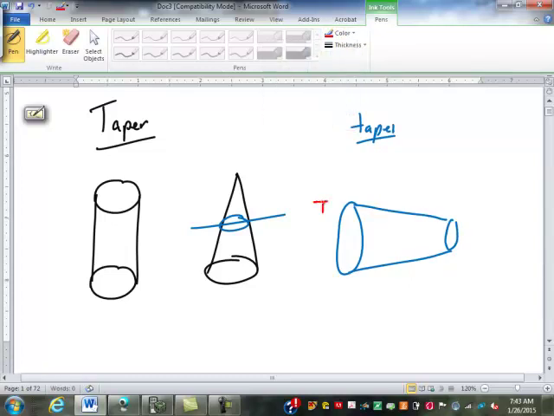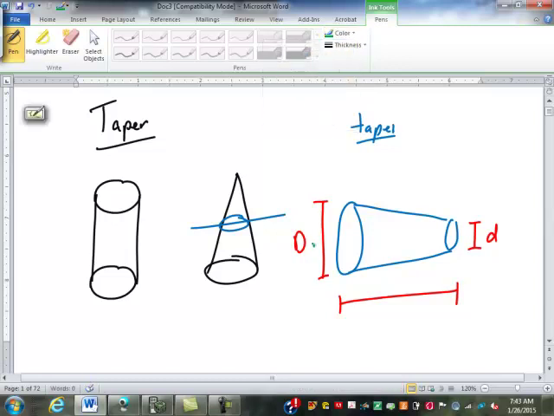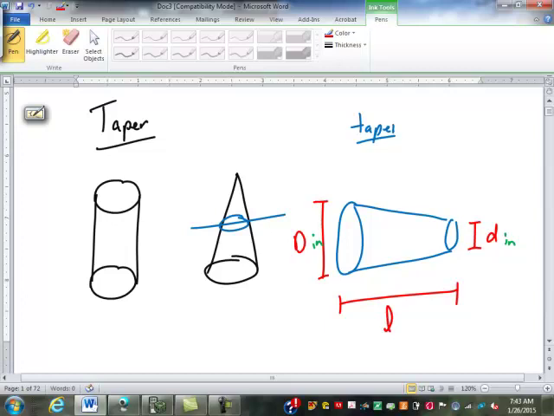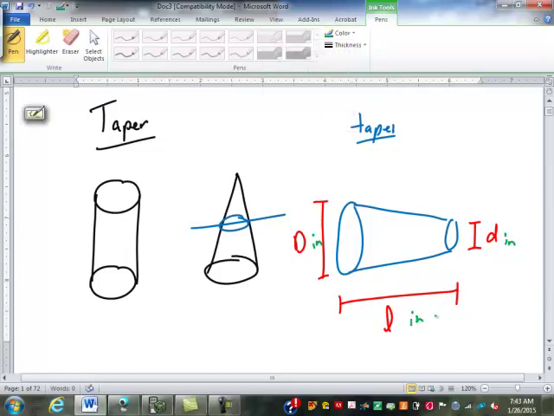So the larger diameter we're going to call capital D, big D for the big diameter. Smaller diameter we're going to call little d. If we're using standard measurement, in other words, inches and feet, the small and large diameter are usually given in inches. The length, which we're going to call capital L, is also often given in inches, but it's going to be converted into feet.